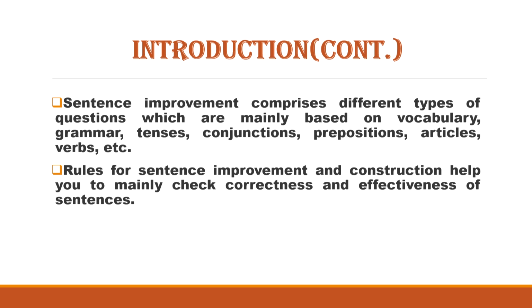Sentence improvement comprises different types of questions which are mainly based on vocabulary, grammar, tenses, conjunctions, prepositions, articles, verbs and so on. Rules for sentence improvement and construction help you to mainly check correctness and effectiveness of sentences.